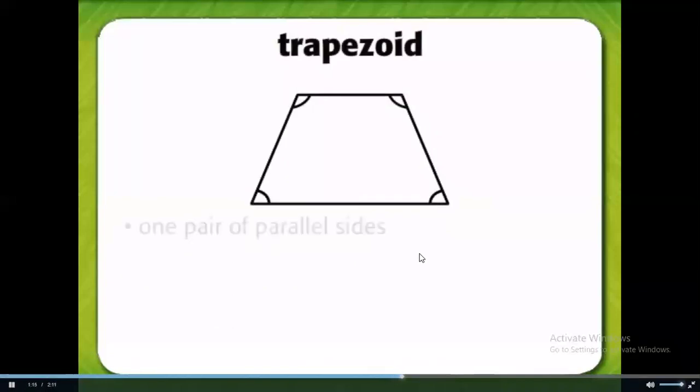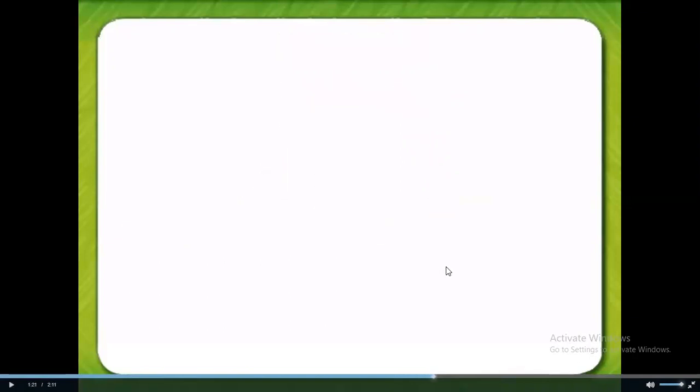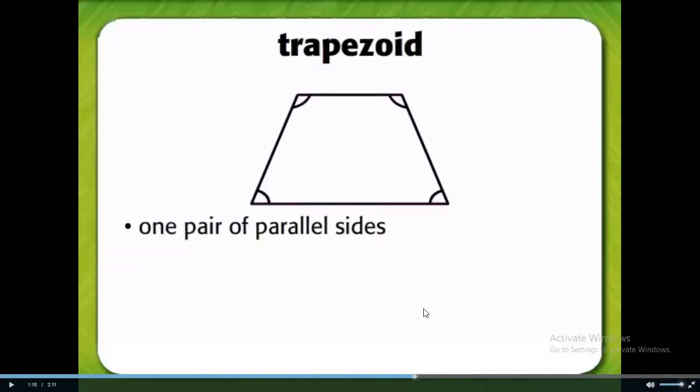Trapezoid. One pair of parallel sides. As you see here, a trapezoid has only one pair of parallel sides and the other sides are not parallel.